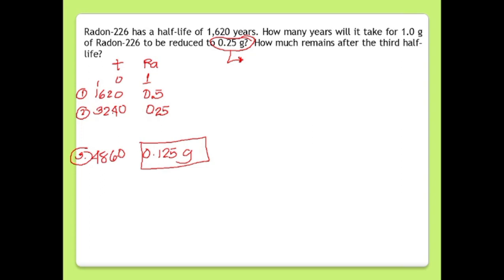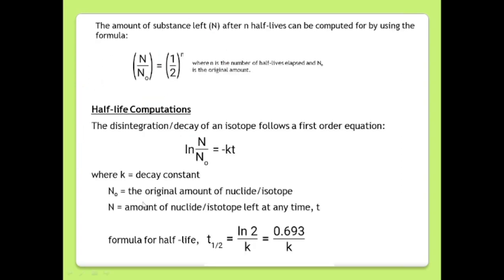So, ganito ang nangyayari kapag mano-mano natin i-calculate yung half-life and the amount ng radioactive isotope natin. Pero we have an equation to use, a formula to use kapag isosolve natin yung time and amount of substance. So, dito, the amount of substance left after n half-lives can be computed by using this formula.